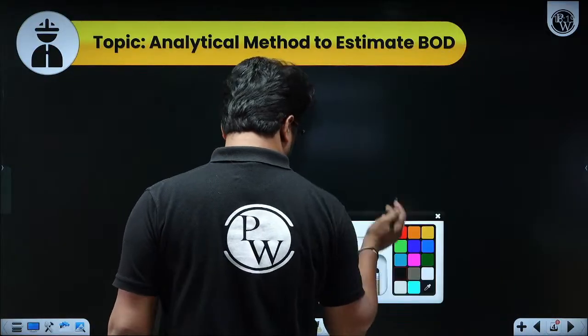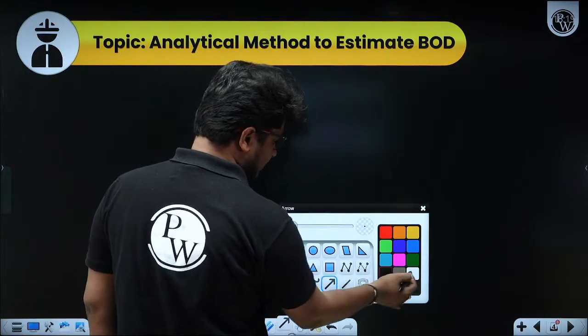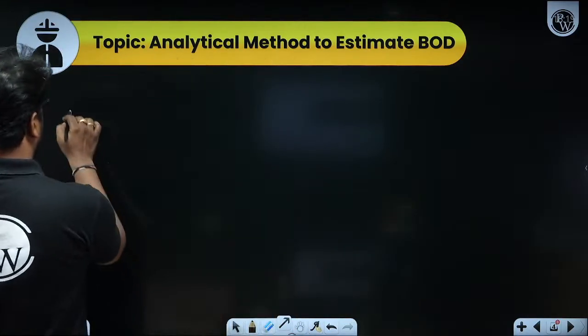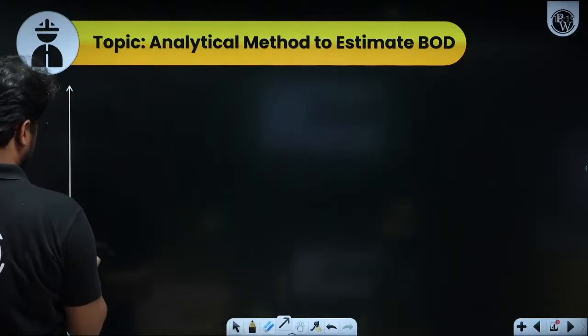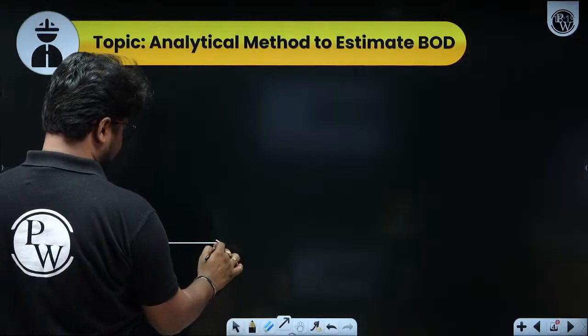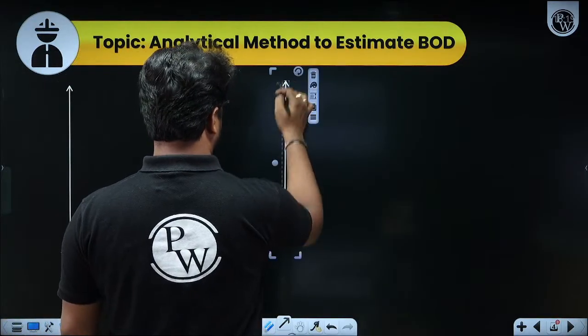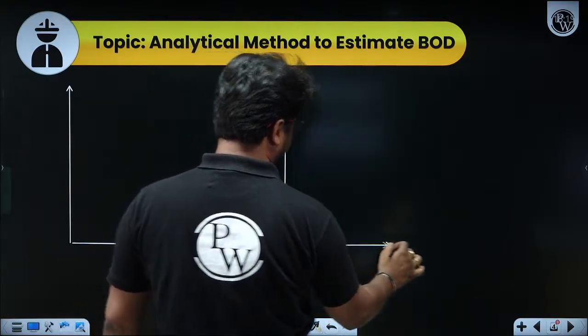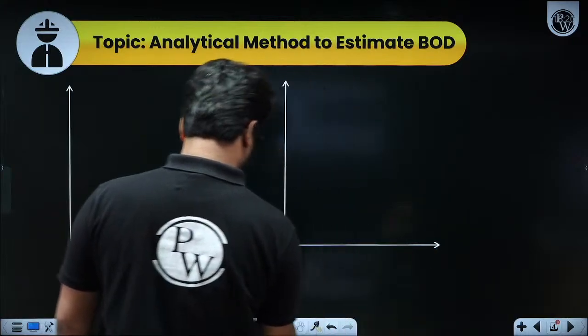See, one method which we saw in the last class was the experimental method. Now in the analytical method, what we are doing is, first, we are making these two curves. So let me make that diagram first. These diagrams are very important for the analytical method estimation.